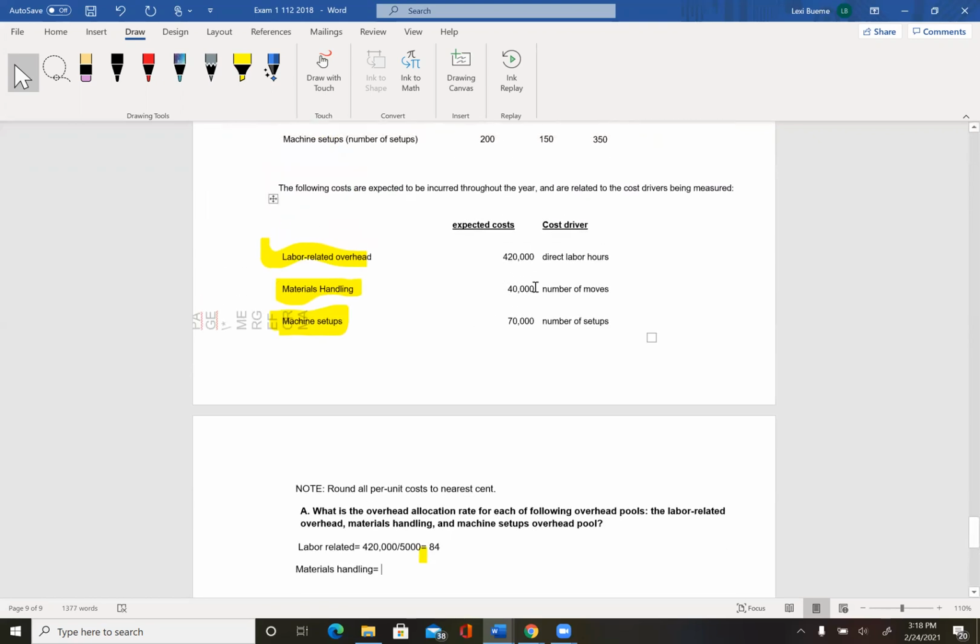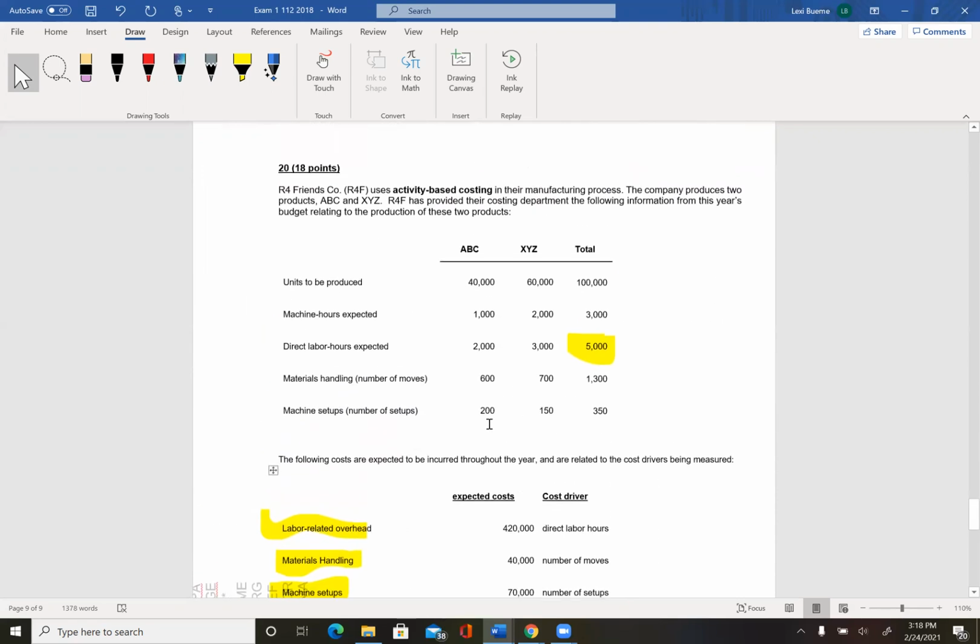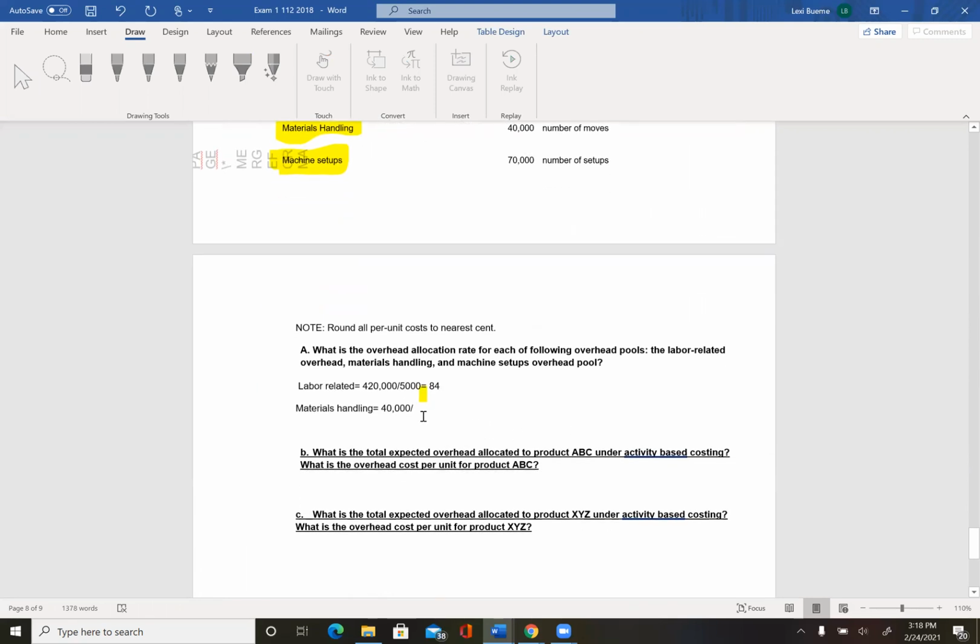Then you're going to go with materials handling, which that's going to be this 40,000. And then you are going to divide that by the material handling up here, which is that 1,300. And that's going to give you 30.77.